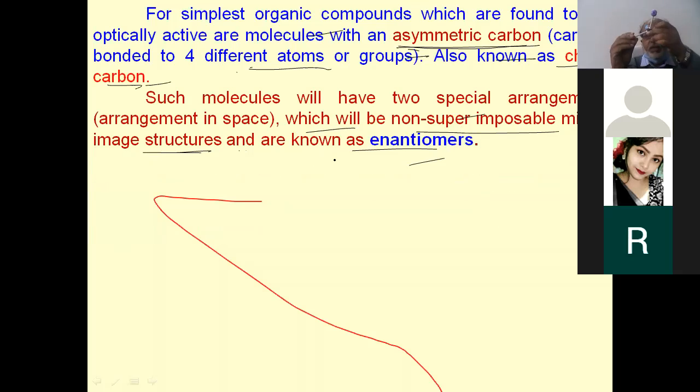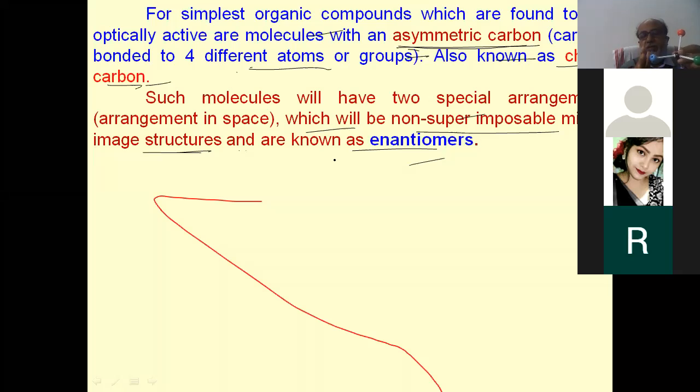Do you see this molecule? This is a tetrahedral carbon with 4 different groups: one is blue, red, this is pink and green. So this is an asymmetric molecule. If it is an asymmetric molecule, it will have its mirror image structure.